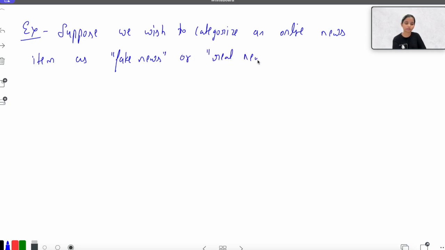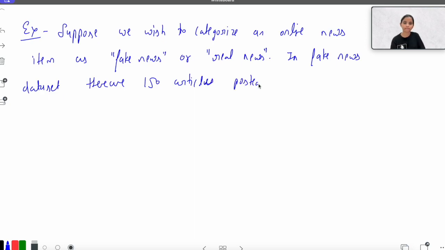In the fake news dataset, there are 150 articles posted on Facebook, and 60 of them are fake and the rest are real.